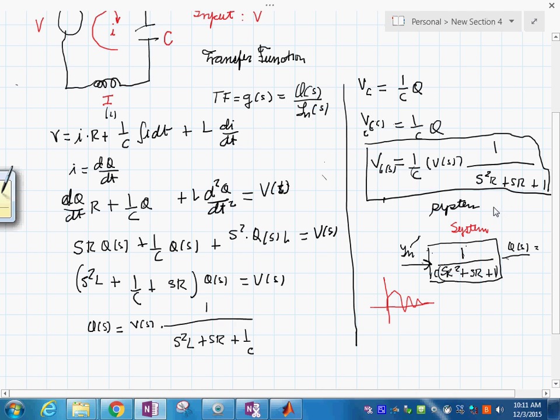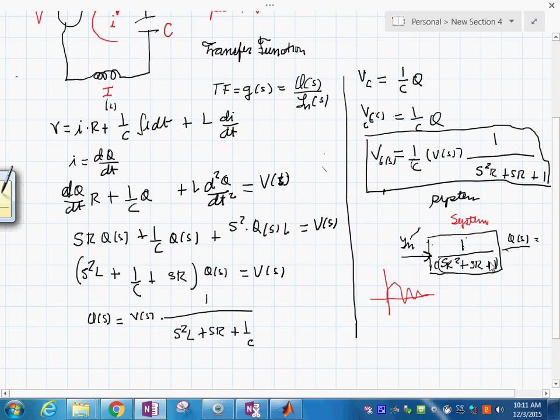So this is the input. The output should actually track the input. It should be like this.